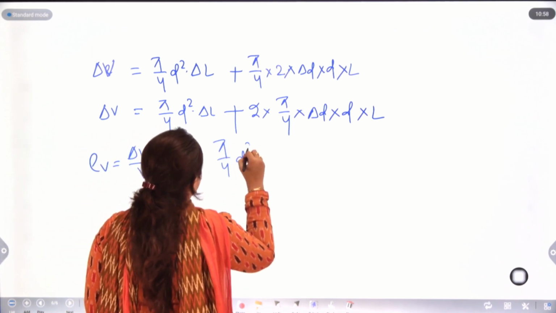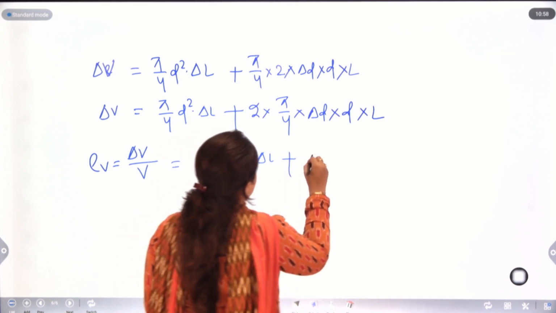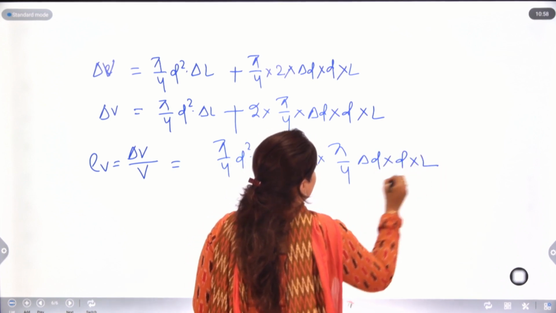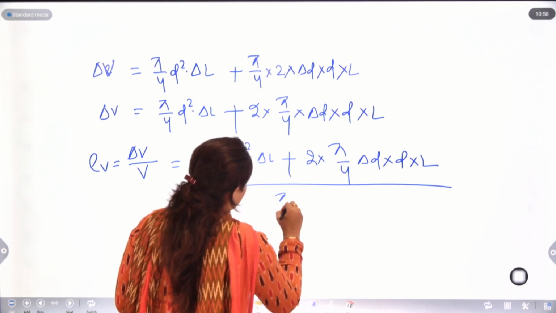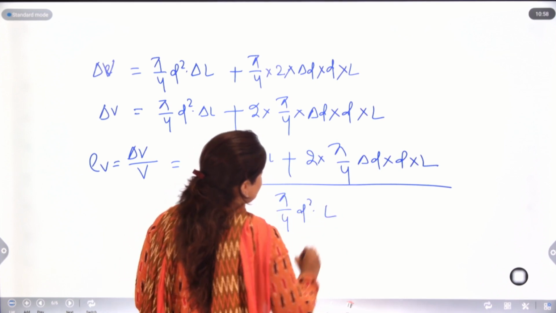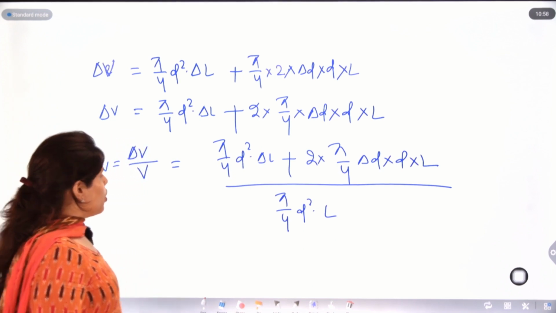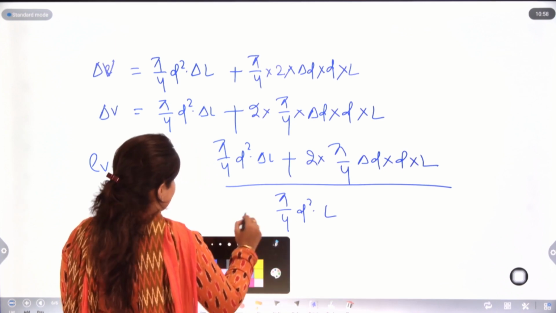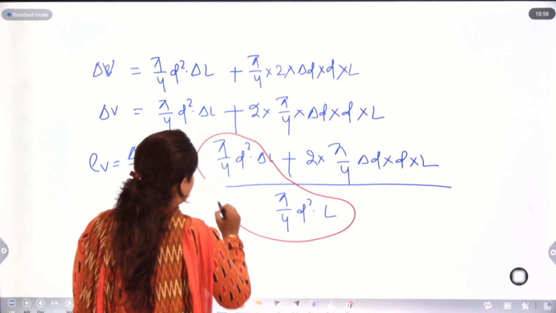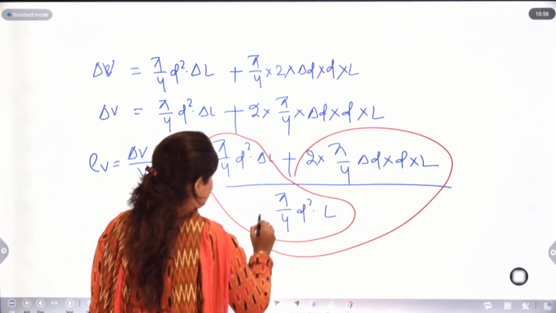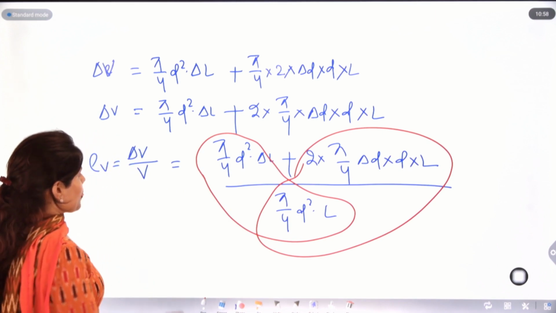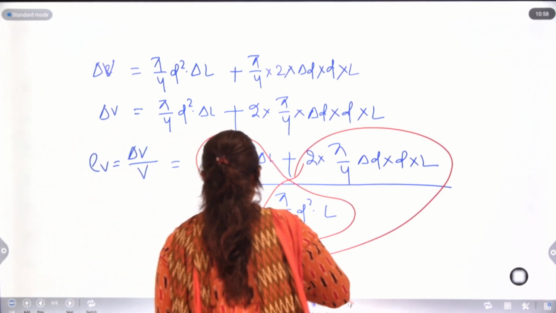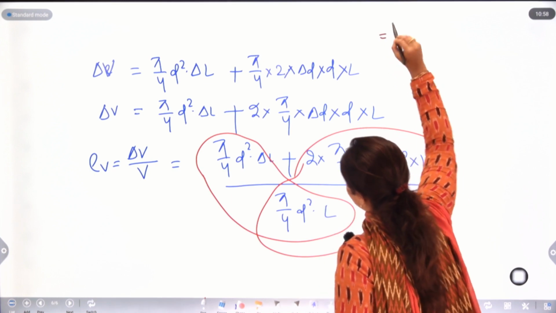So we can write: pi by 4 D square into del L plus 2 into pi by 4 del D into L, upon pi by 4 D square into L. Now we will take this term and this term, using another color, it will be more interesting.